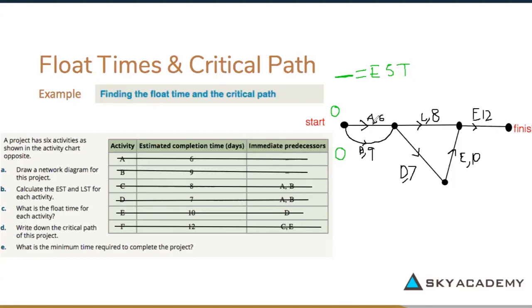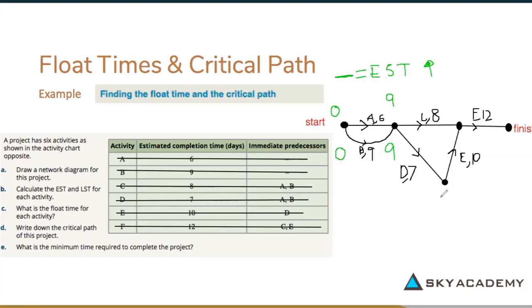And remember, when you want EST, you want the highest possible value. And so here we would have 9, and we would also have 9 down there. Then when you get to this here, we would have 9 plus 7, which is 16.